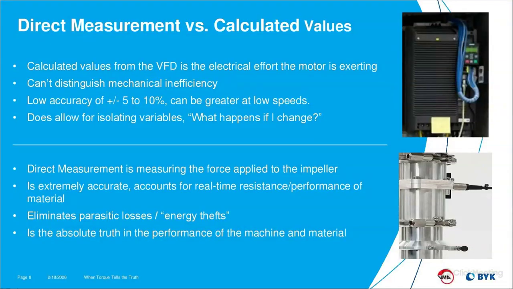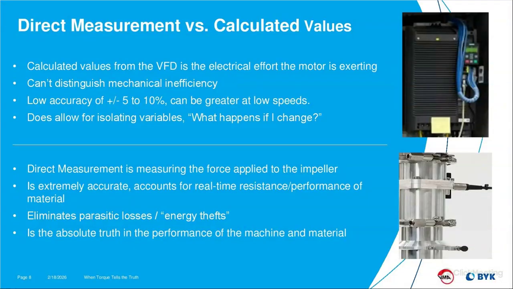Where we have what we call loss gaps, that leads to low accuracy with regard to the data. Especially at lower speeds, these high-speed dispersers are designed to operate at very high RPM, so they're really not geared from a calculated value to be very accurate at low speeds.